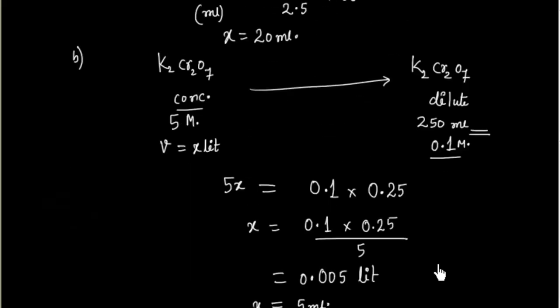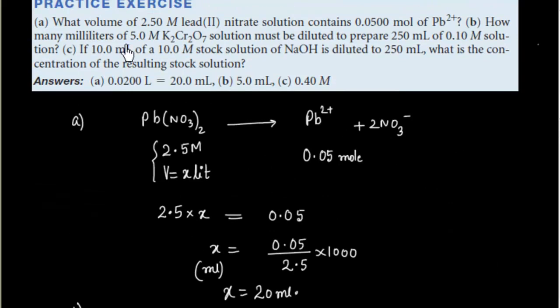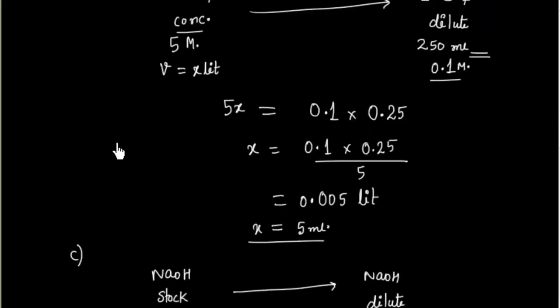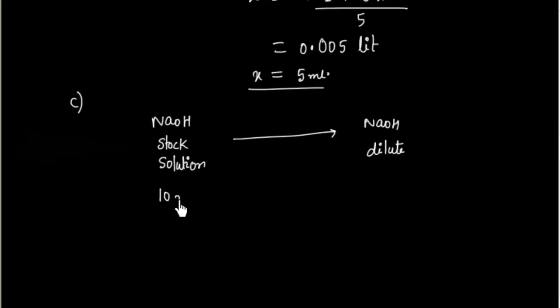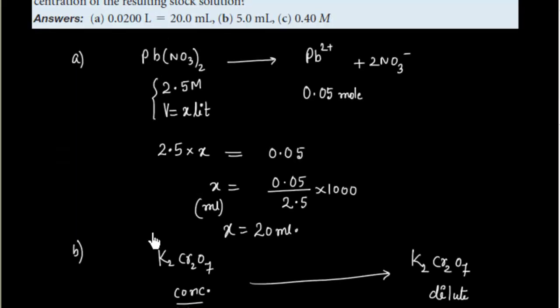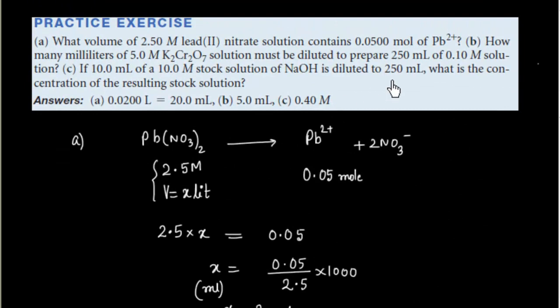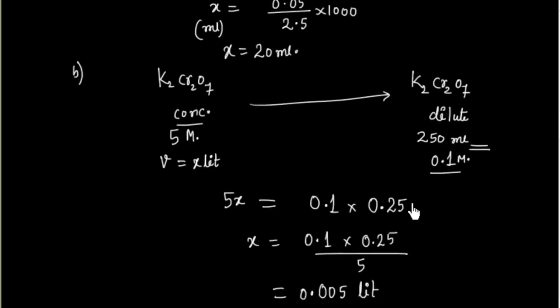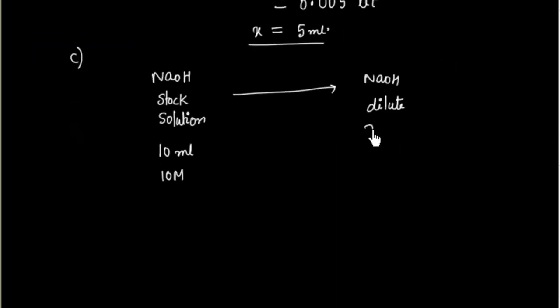The NaOH concentrated solution has 10 ml and concentration 10 M. NaOH dilute has 250 ml, and let us say the concentration is x, that is the molarity of NaOH.